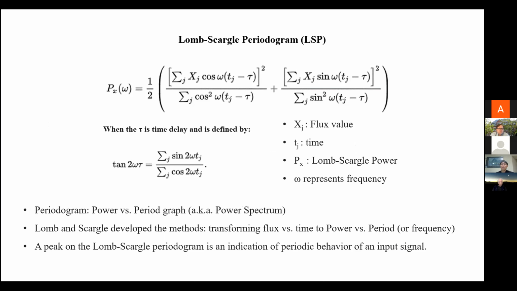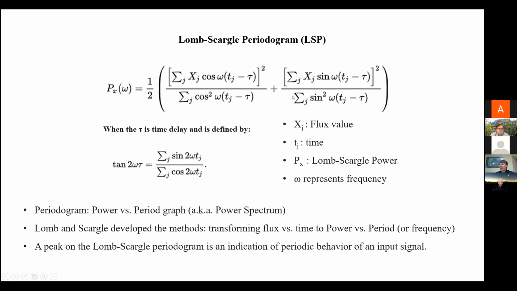And please note that frequency and period are just inverses of each other. One over the other yields the other. So if we look at the equation here, we see x_j is the flux value. We input that. It corresponds to the brightness or the flux.